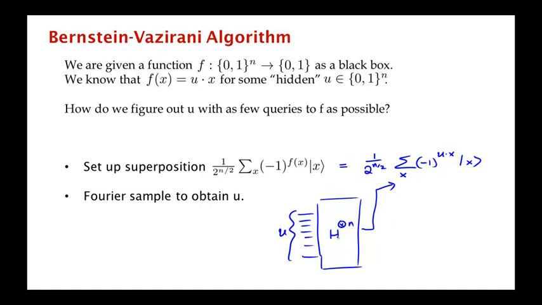We want to run the Hadamard circuit backwards, because we want this as input and we want that as output. So how do we do that? Well, remember, the Hadamard transform is its own inverse. So all we have to do is put this input through the Hadamard transform again. We'll get this as output, and then we just measure, and we'll obtain this hidden u that we were looking for.